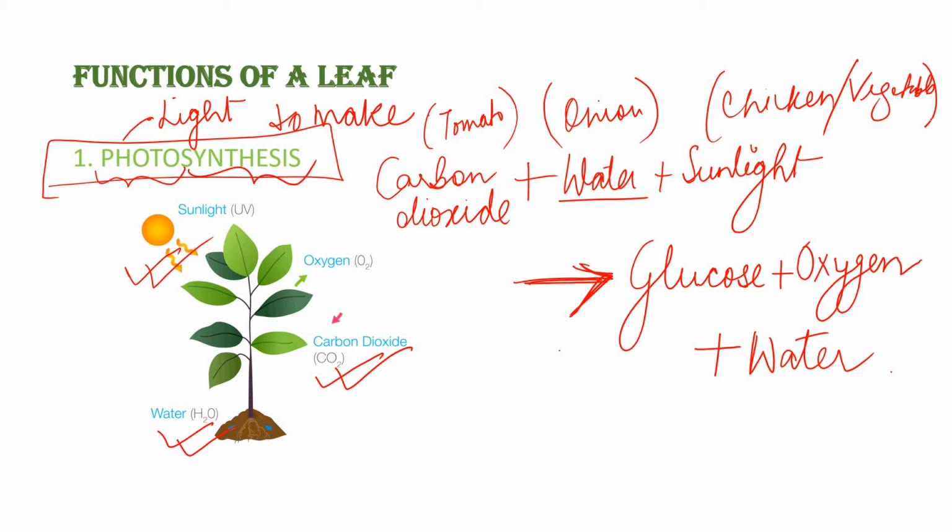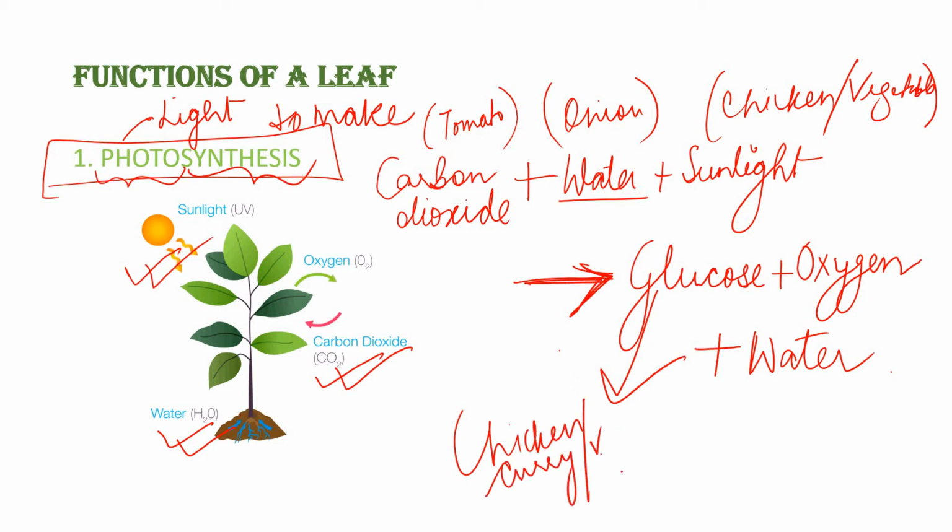Okay, so these are the raw materials. Then you put tomato, onion, chicken or vegetable in one hot pan, and what comes out is chicken curry or vegetable curry, right? Okay, and along with that we have gravy, tasty gravy in this way.